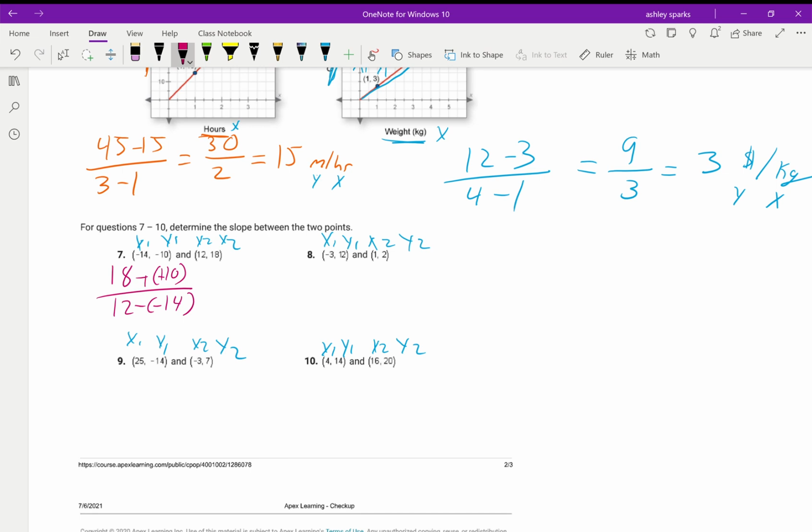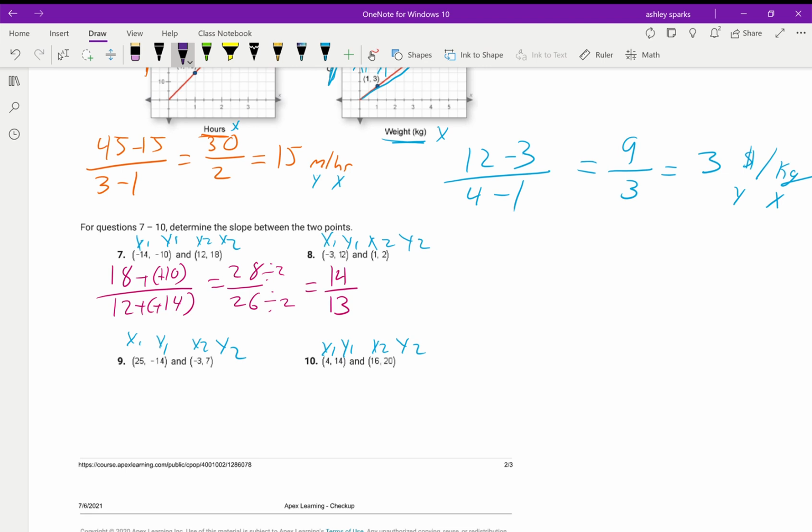So plus, plus, plus, plus, because 2 negatives make a positive. 28 over 26, right? Yes. Both of these would be divisible by 2 because they're even. So if you see two even numbers, you should think divide by 2, which would leave me with 14 over 13. And that would be my final answer there.